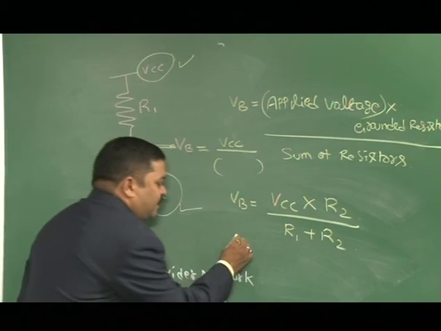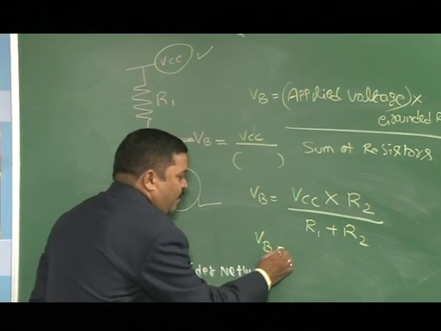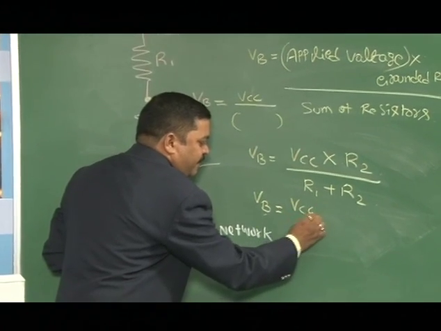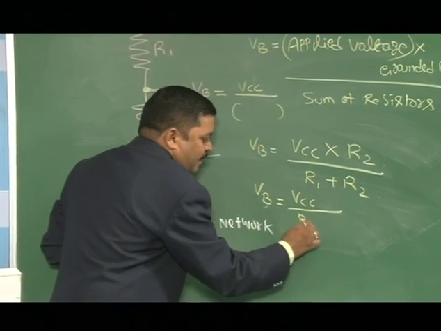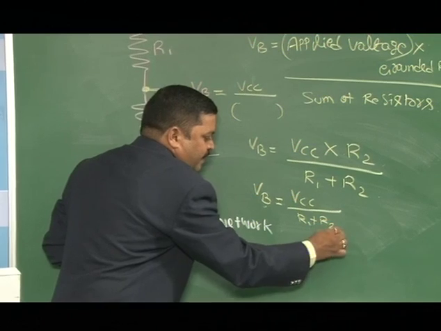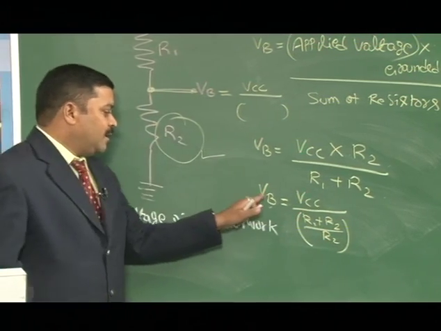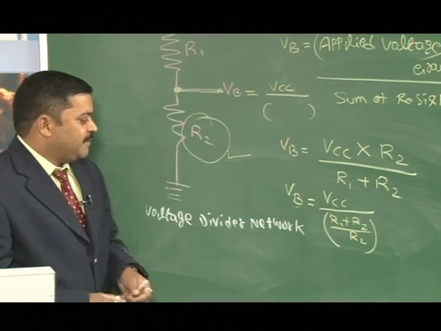So, we can write VB now with R2 taken to the denominator. Therefore, VCC gets divided by (R1 plus R2) divided by R2. Now, why is this called a voltage divider network?